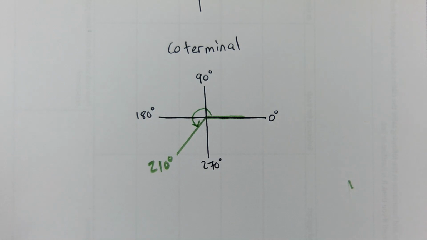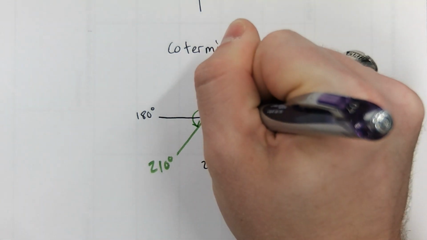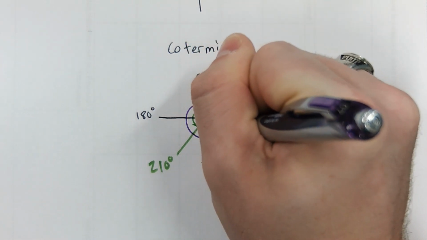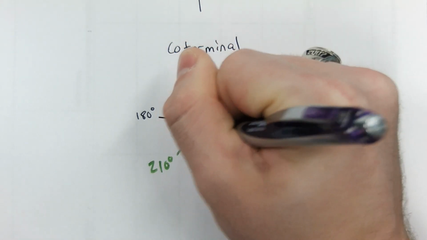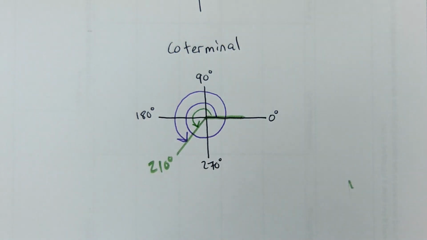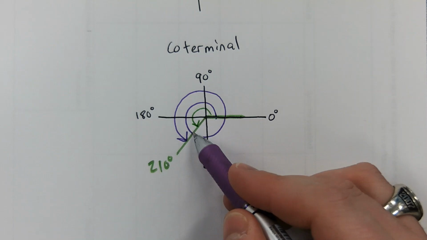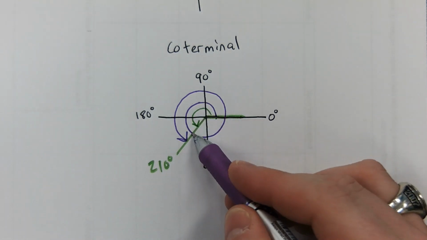What does that look like, though? That looks like start here, go to our terminal side, but don't stop there. Go another full circle because we're crazy. Why not? And do that. Yes, it began at 0. But notice from here to here was the same as the green angle. I went a total of 210 degrees.